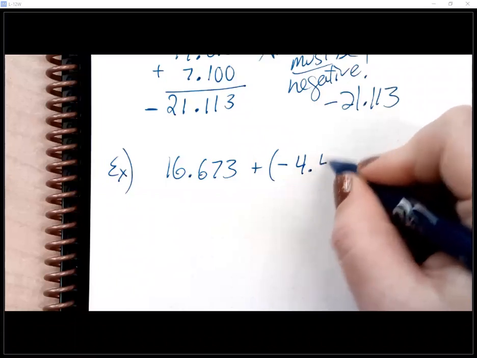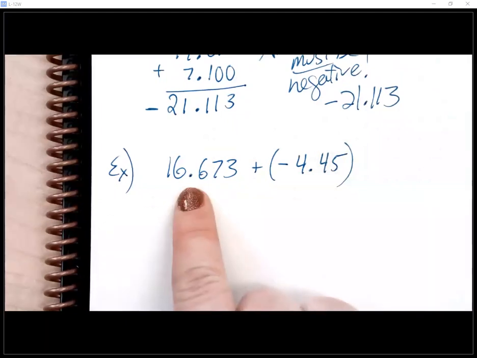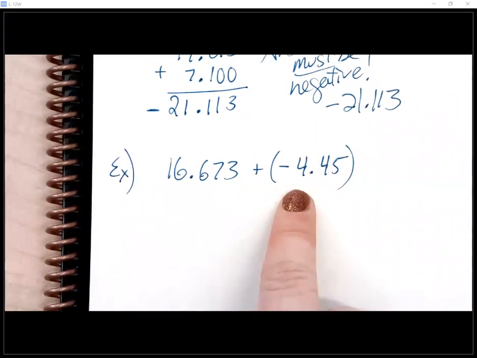Yeah, this is going to end up being a positive number. I have, ignore the decimal for a second, a positive 16 and a negative 4. So if I combine those, I'm definitely in the positive realm. I don't know exactly where, but I'm somewhere kind of there. So I know my answer is going to be positive.